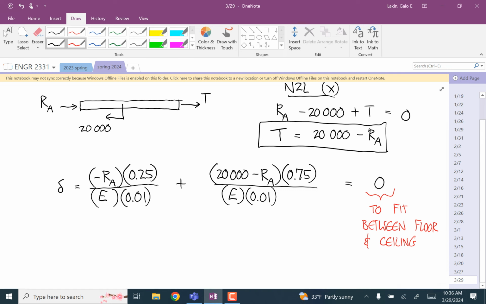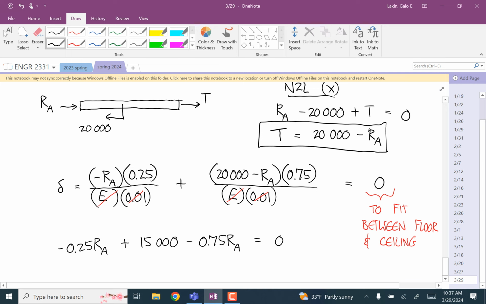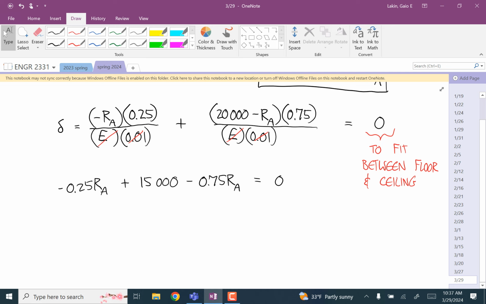Okay. Multiply both sides by this common denominator, and those go away. And so now we just have negative 0.25 RA plus 15,000 minus 0.75 RA is equal to 0. And so RA is equal to 15,000.